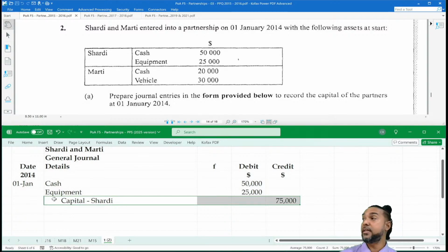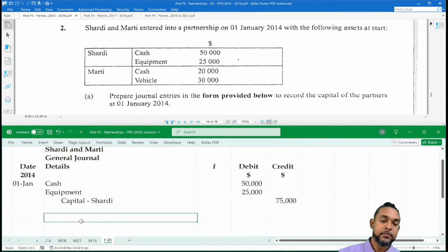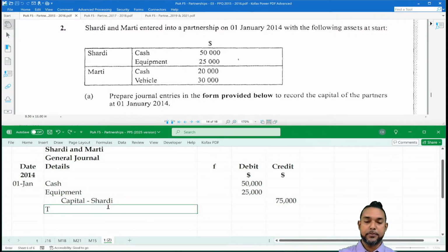There's a space there, like when you were taught in English to indent to start a new paragraph. Same thing here. Right, and this is to record the intro of cash.